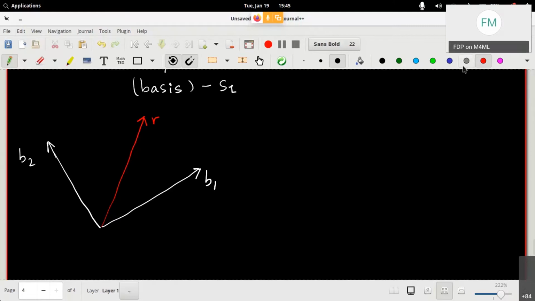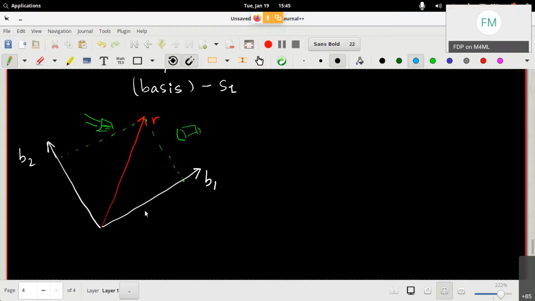I can take the idea of projection and say that I just want to project on B1, and I can project here. So I can project this vector throwing a light on this direction, I can also project throwing a light from this direction.